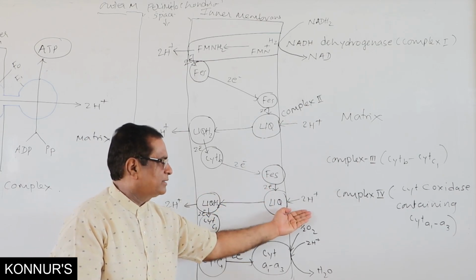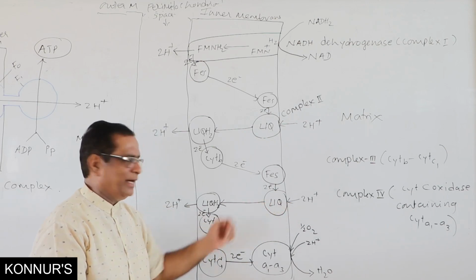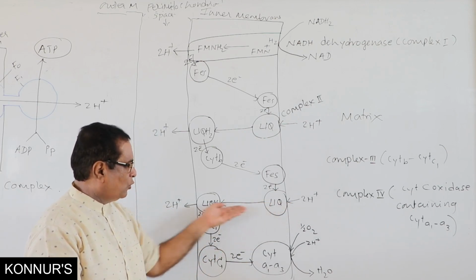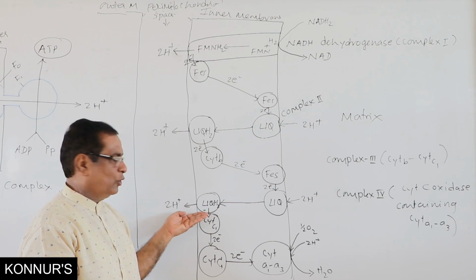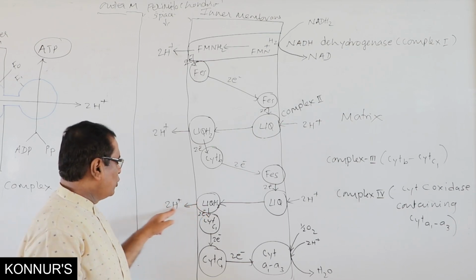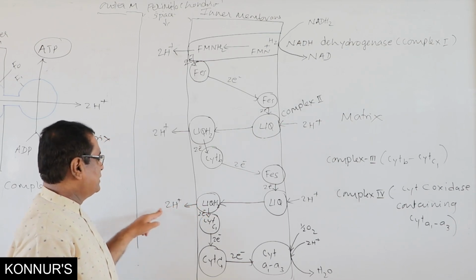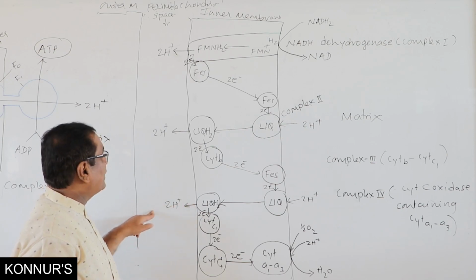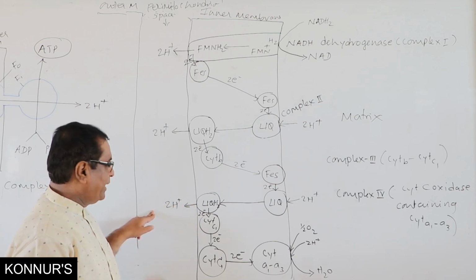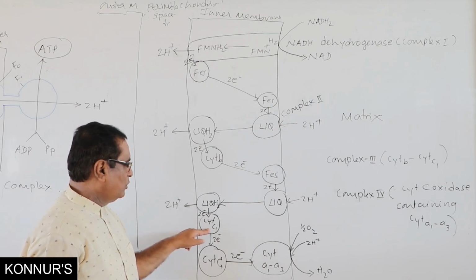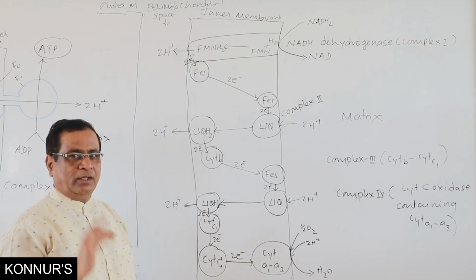In this place also, protons are pumped in, and this ubiquinone becomes reduced ubiquinone. This is the third region where protons are pumped into the perimitochondrial space, and electrons will come to cytochrome C1.